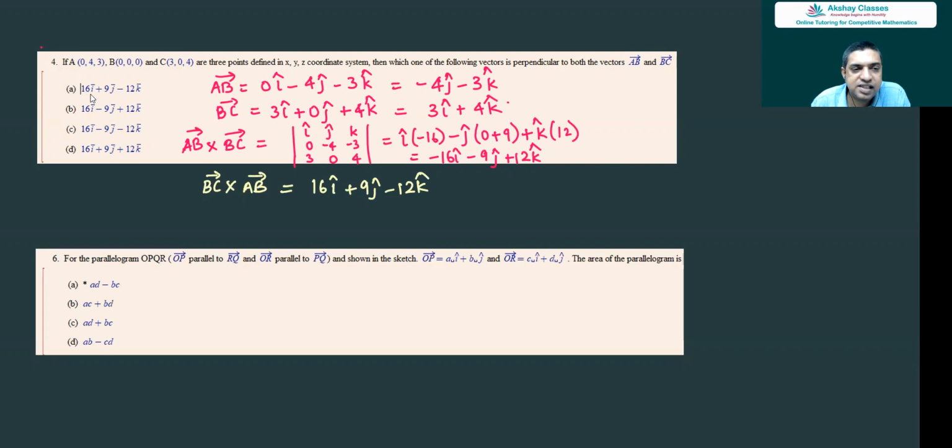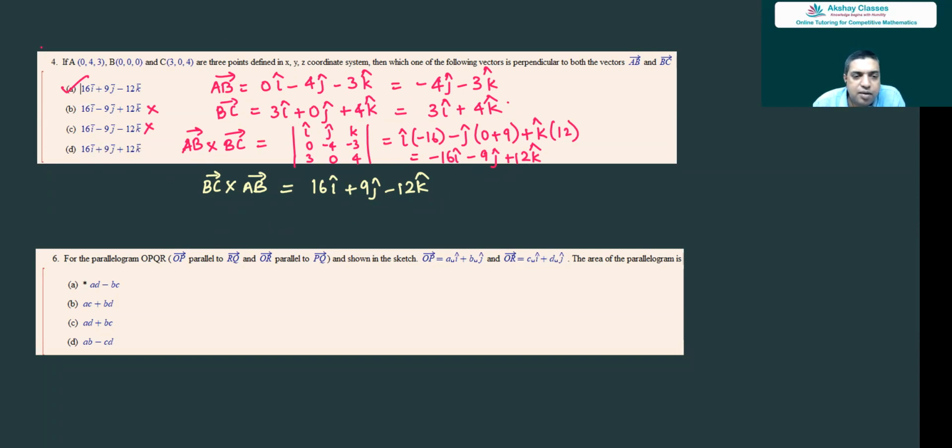So we have 16i plus 9j minus 12k. So this one is perpendicular. Here the combination is different. In these two, 16 and 9 have opposite signs, but we should have the same signs. So these two are not. And here 16 and 9 are of the same sign, but 12 is also of the same sign, but we have 16, 9 and 12 with opposite signs. So that's why A is the correct one.